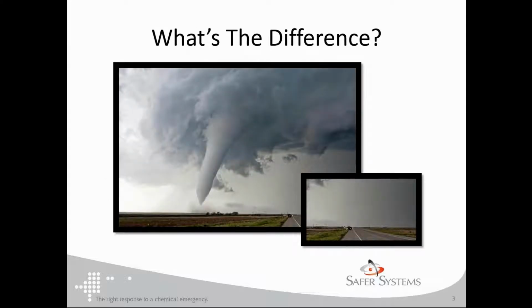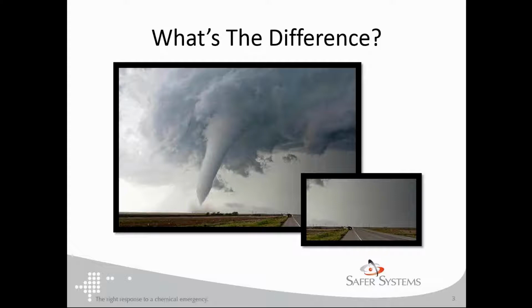Okay, so now let's talk about what's the difference. The real difference between static data and live data, whether you're talking about weather data or gas detector data in emergency response, or really anything for that matter, is you're really only getting part of the picture with static data.